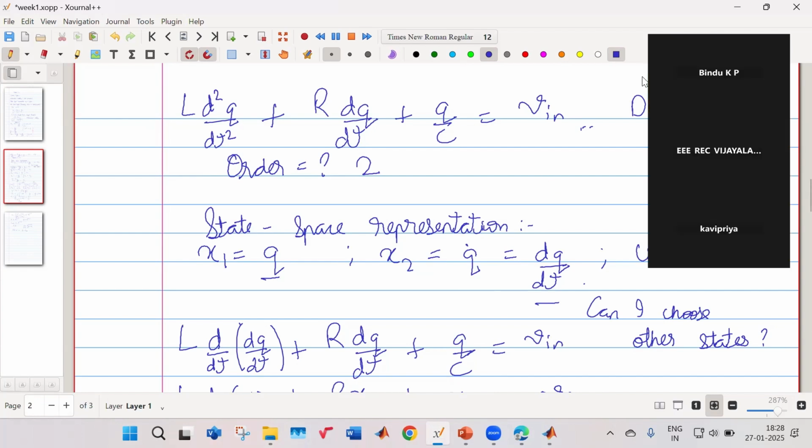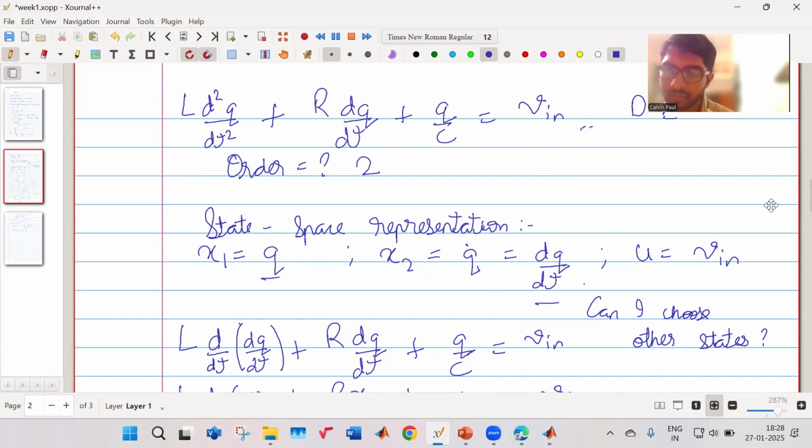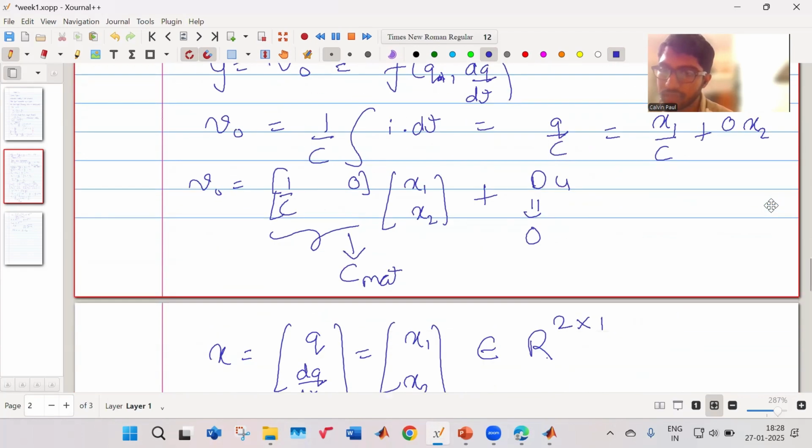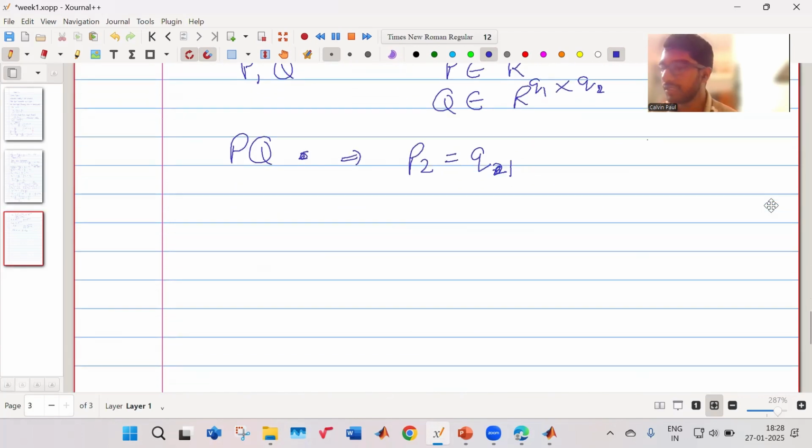No, the current through the inductor and the voltage across the capacitor can be chosen as the state variables. Correct? Yes, we can choose that also as a state variable. Exactly correct.